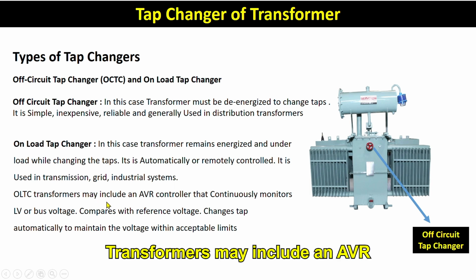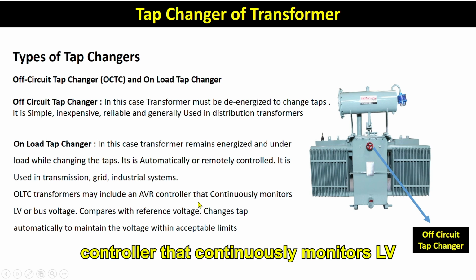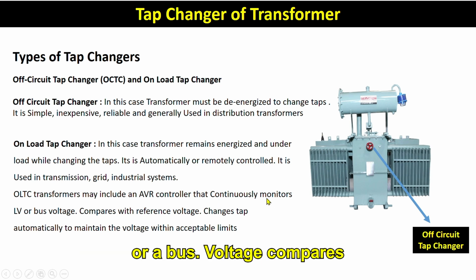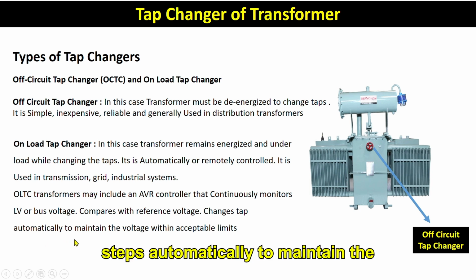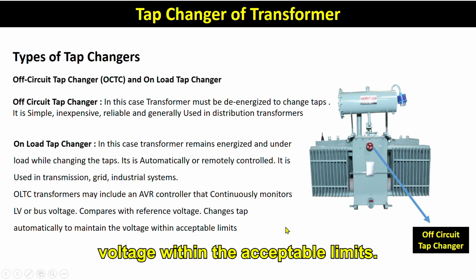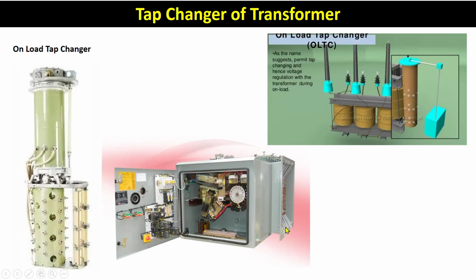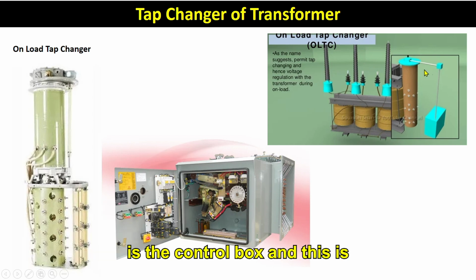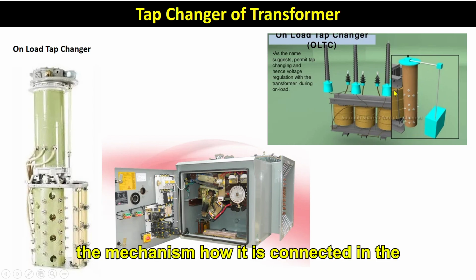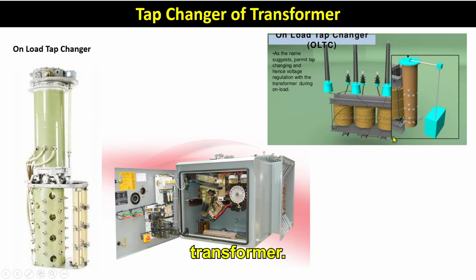OLTC transformers may include an AVR controller that continuously monitors the LV or bus voltage, compares it with the reference voltage, and changes steps automatically to maintain the voltage within the acceptable limits. This is the on-load tap changer, this is the control box, and this is the mechanism showing how it is connected in the transformer.